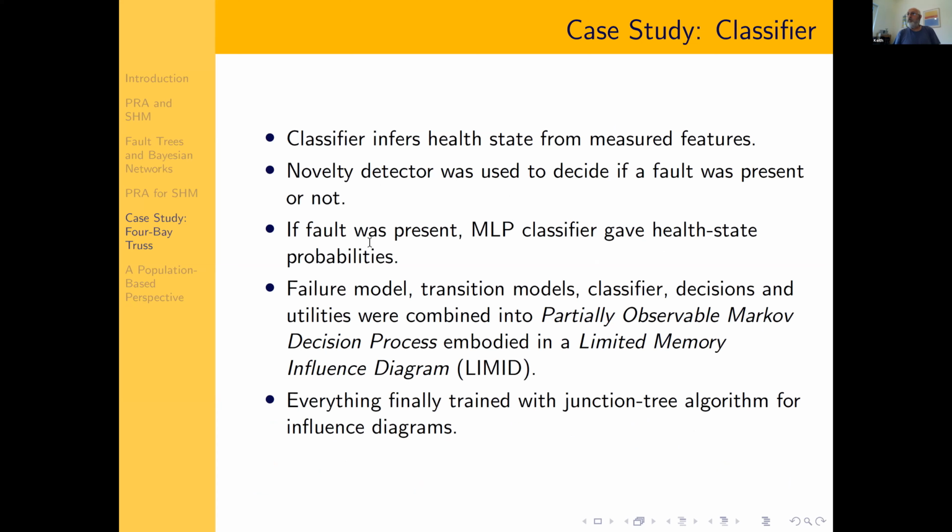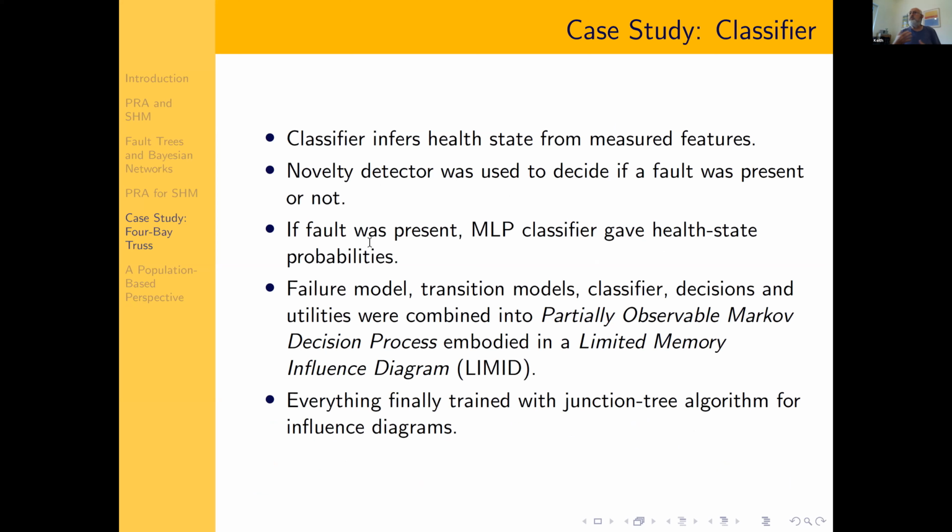So we've got a neural network that takes all of those horizontal member strain states and predicts the diagonal member strain states, which is the health state of the structure. And so this classifier is doing all of our health state information. It's our weather forecast. We've got a neural network weather forecast.